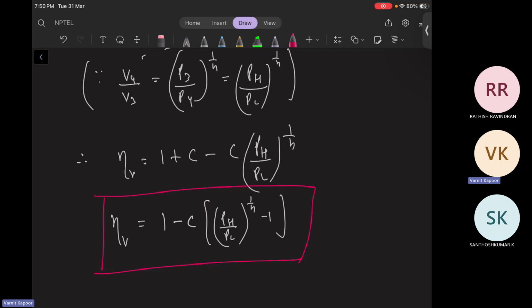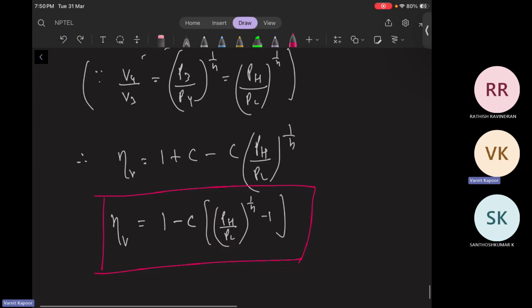In this scenario, if your P higher by P lower ratio is 1, then the bracket is 0 and your volumetric efficiency will be equal to 1, that is 100%, which is not possible eventually. Second, if you increase the pressure ratio, the volumetric efficiency is going to decrease.